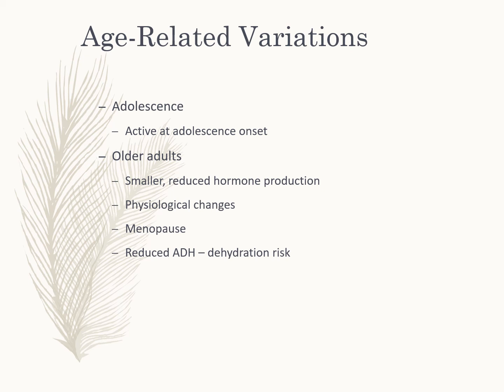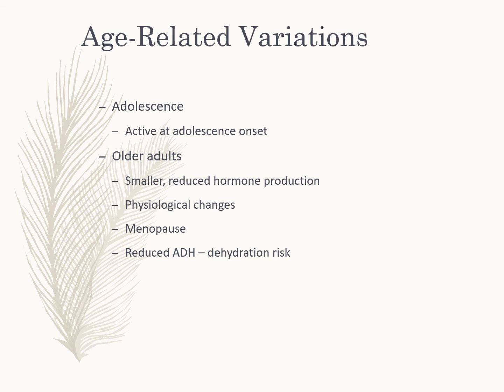In older adults, in response to advancing age, most glands become smaller with reduced hormone production. This does not necessarily lead to hormonal regulation impairments, but the physiological activity of the hormone is reduced, which is then linked to some common physiological changes associated with aging. So, for example, frailty has been shown to be associated with a pattern of hormonal changes in elderly men.